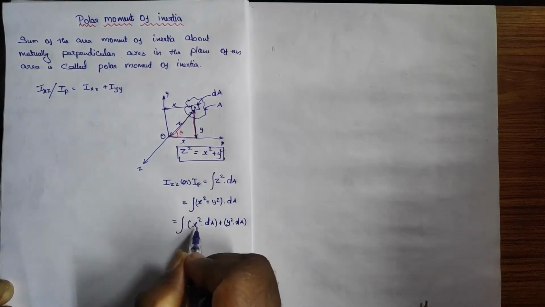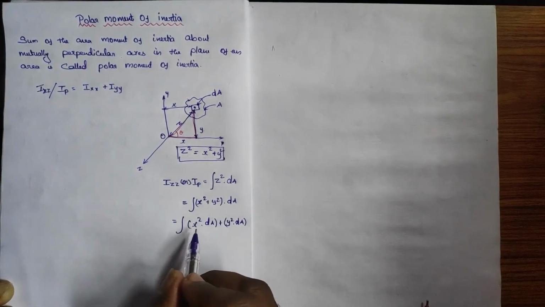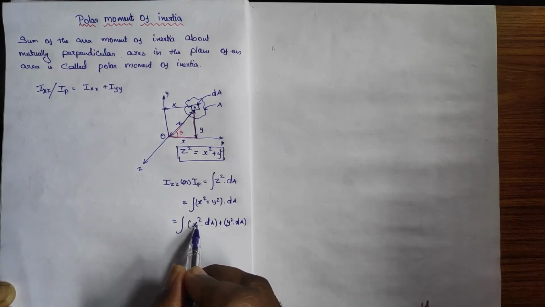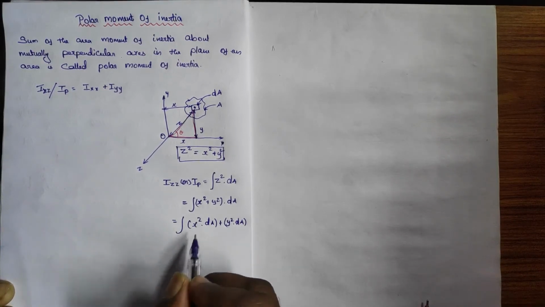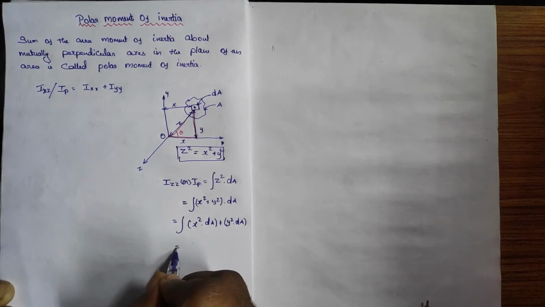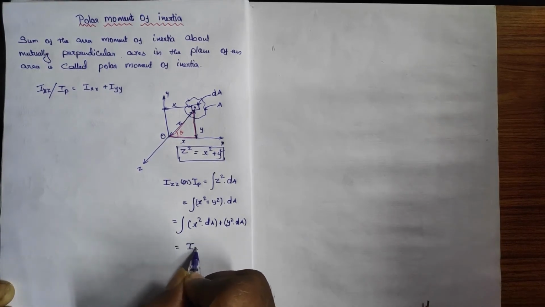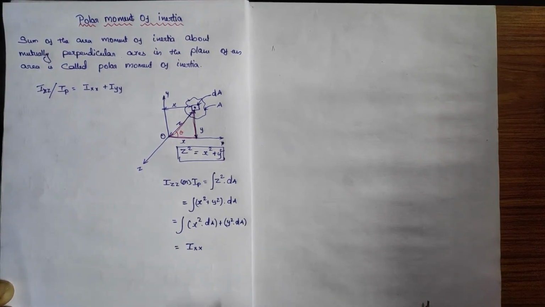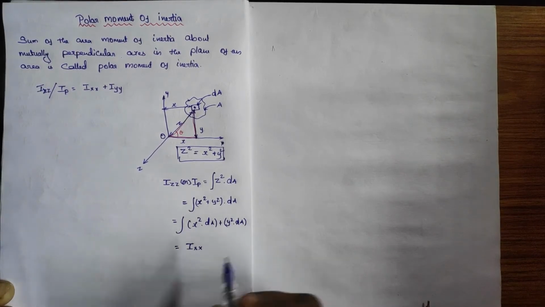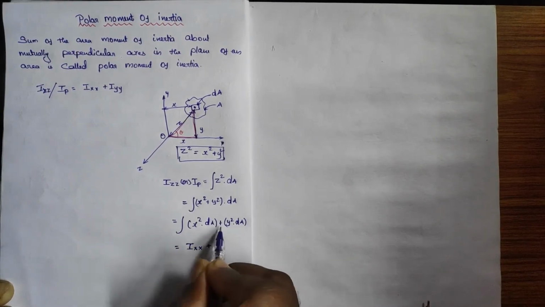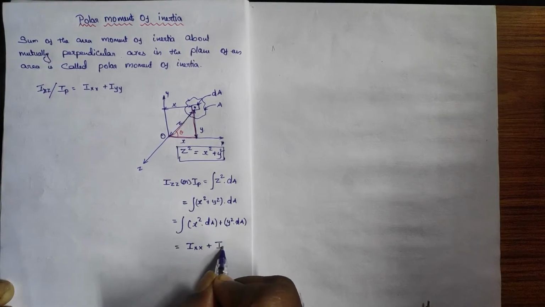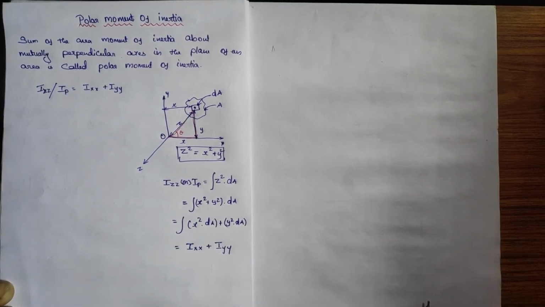So try to bring back to your mind what we mean by x square into dA. It is nothing but the moment of inertia about the xx axis. What about y square into dA? It is nothing but the moment of inertia about the yy axis.